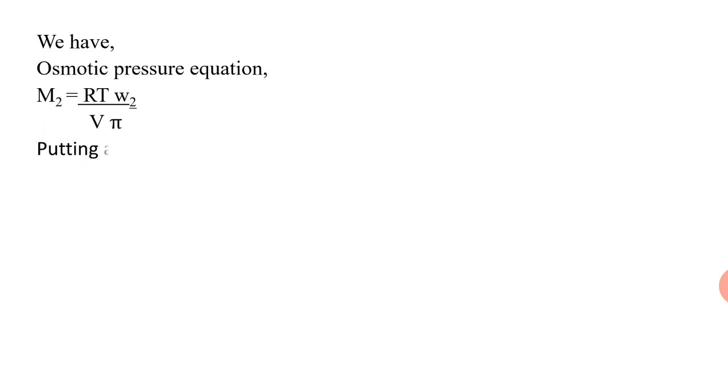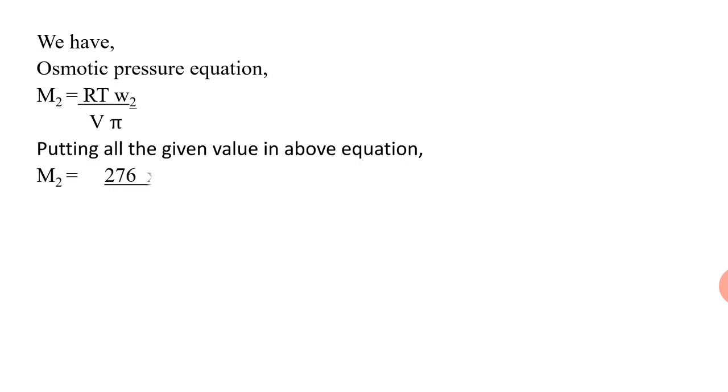We have the osmotic pressure equation for determination of molar mass: M2 is equal to RT into W2 divided by V pi. Putting all the given values in the above equation, we get M2 is equal to 276 into 8.314 into 5 divided by 344 into 0.5 into 10 raised to minus 3.